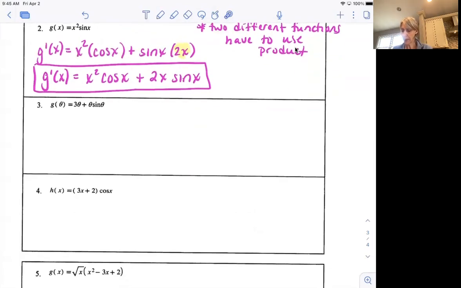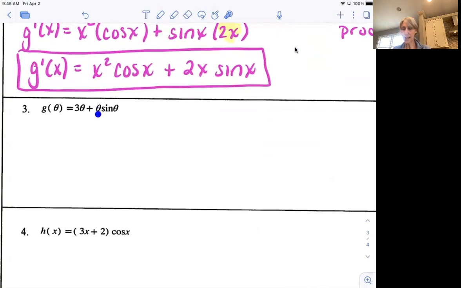For our next example, g of theta, theta is our variable, equals 3 theta plus theta times sine theta. So now this theta is a variable. We have to use the product rule on that term. G prime of theta equals, what's the derivative of 3 theta? Just plain old 3. Plus, now what's the derivative?